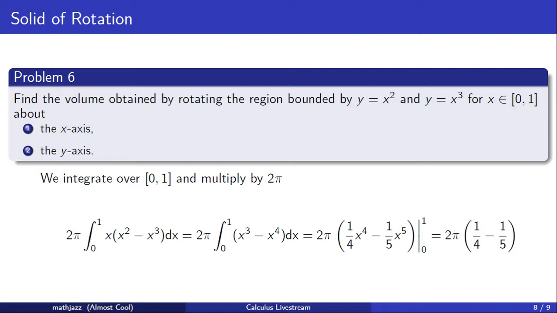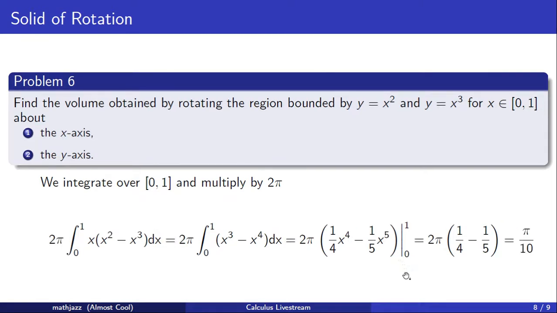We plug in the endpoints and take the difference of the antiderivative at each of these points. We note that 0 kills the integrand, so we don't need to plug that in. And then we simplify. 1/4 minus 1/5 is equal to 5/20 minus 4/20, which gives us 1/20.